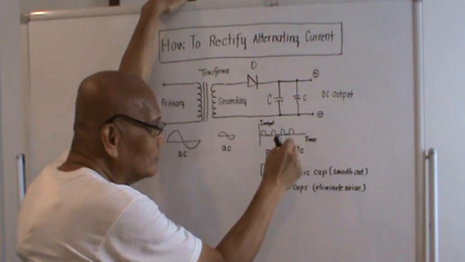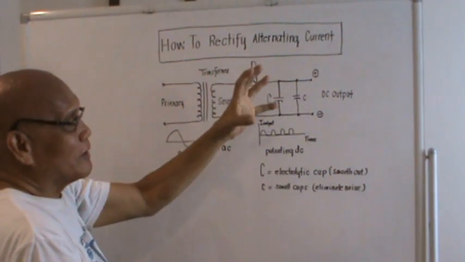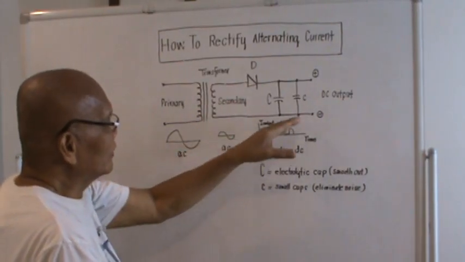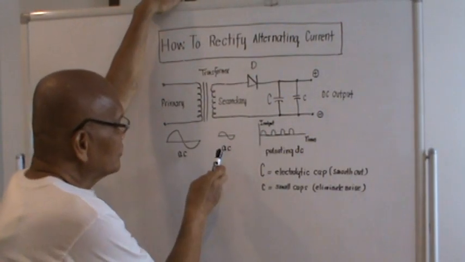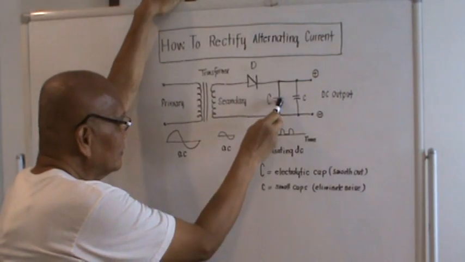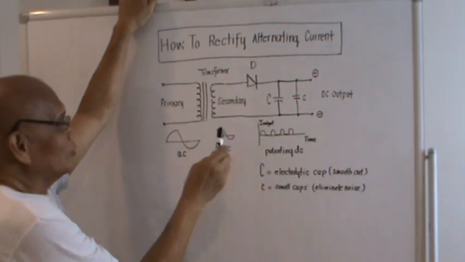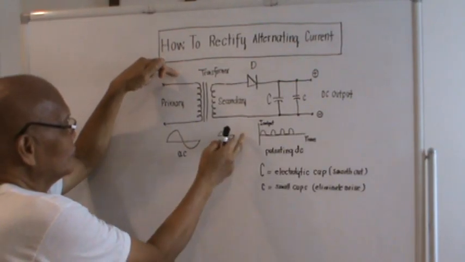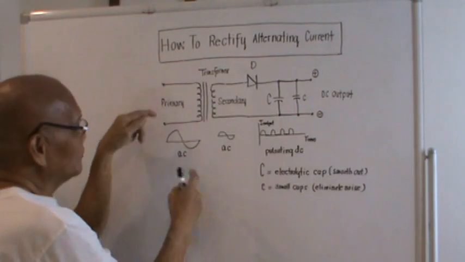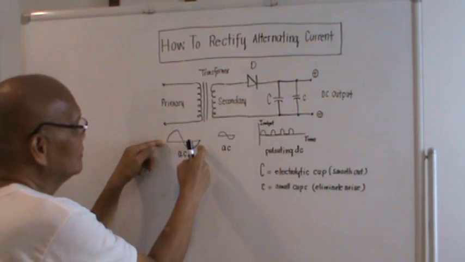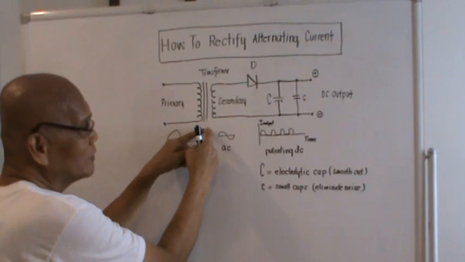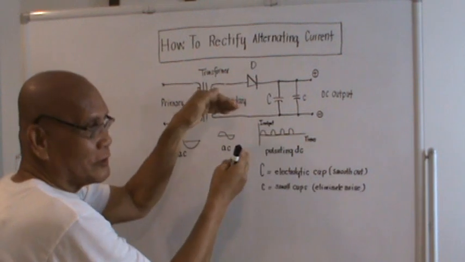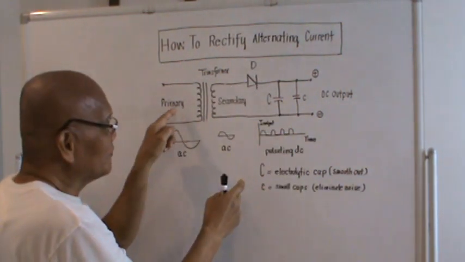It's a wave, okay? Let's try to bring out the concept on how to convert this alternating current to direct current. I will start with the primary side first. The primary side is with the higher voltage than the secondary. So if we bring out the graph, it will be this. And since the transformer is a step down, of course the voltage on the secondary side should be less than the primary.